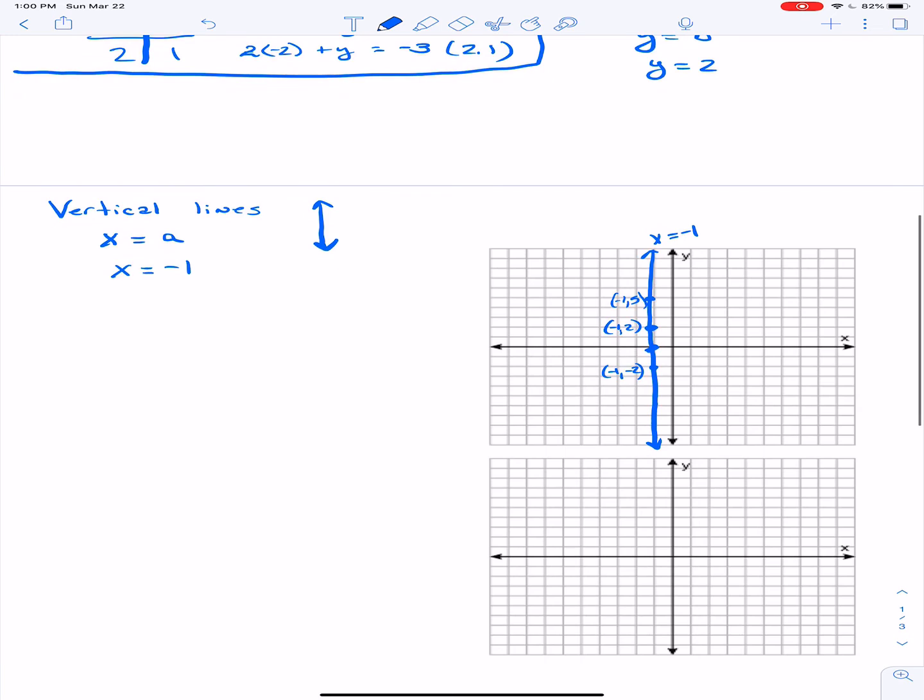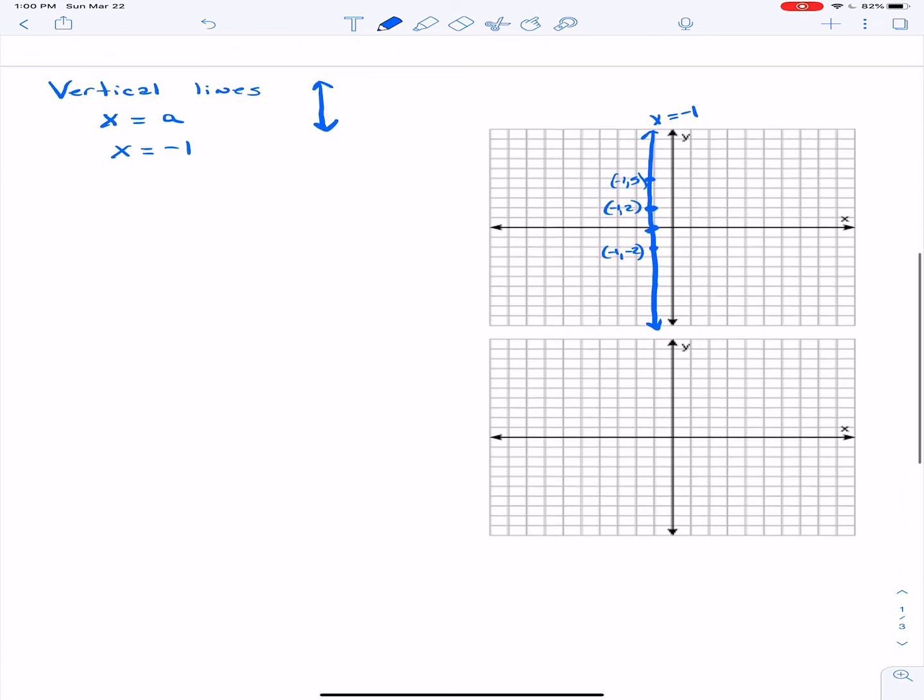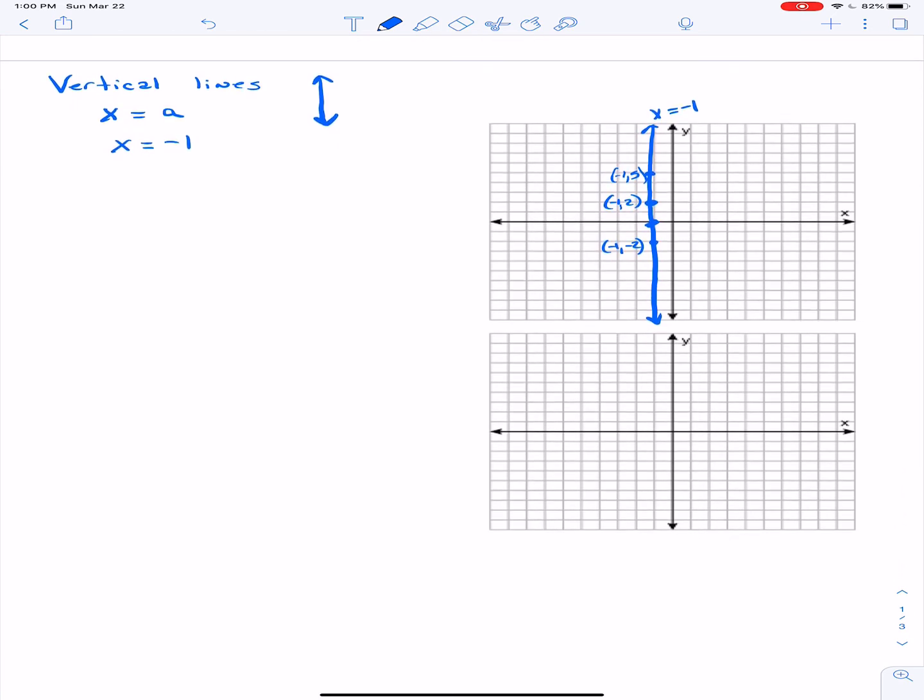Okay? So, the next thing we want to do is graph another line for you, but this time I want to show you a graph of an equation that's in the y equals negative 1/2 x plus 4 form. Okay?